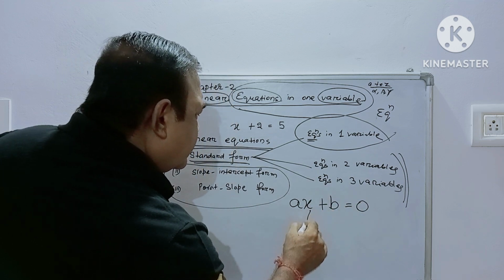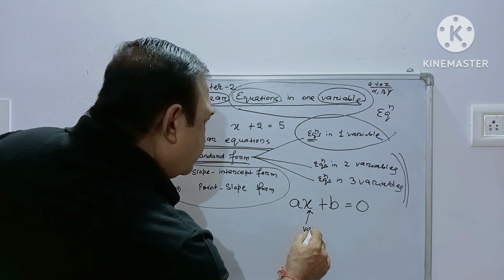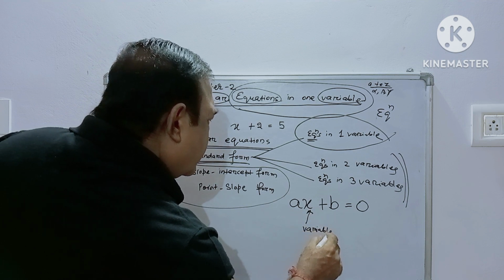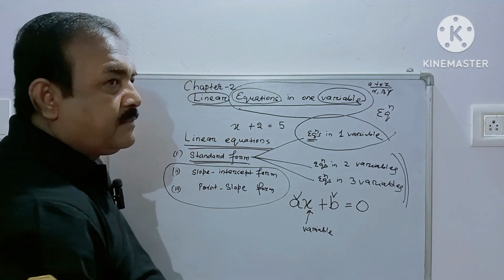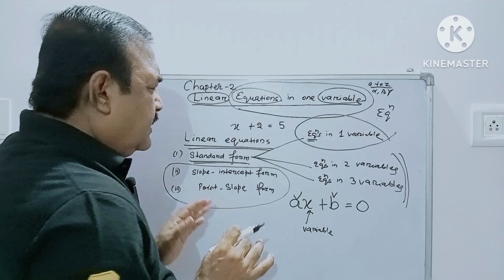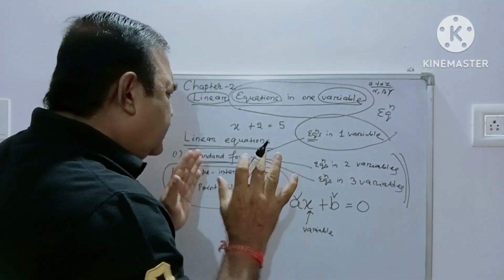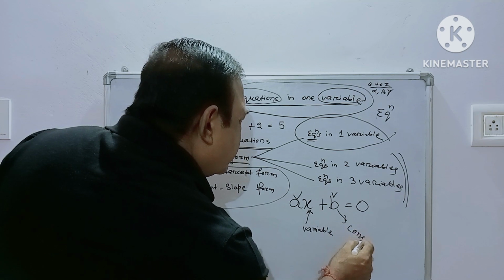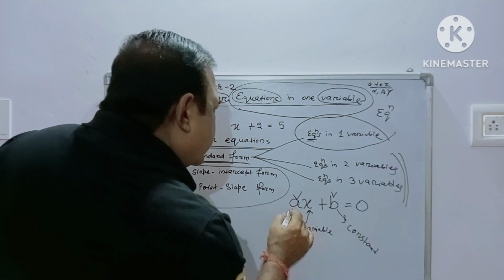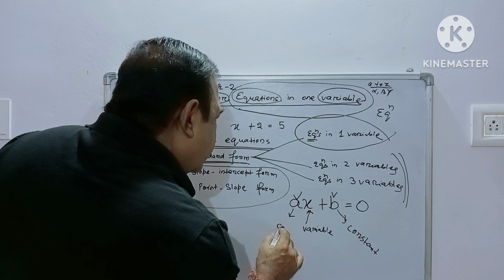What is x? You know it is the variable. What are a and b? You know, these are real numbers, but a and b are constants. a is a constant, b is another constant.